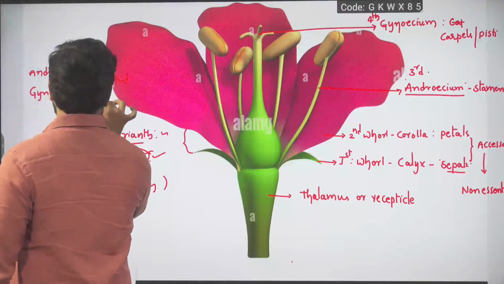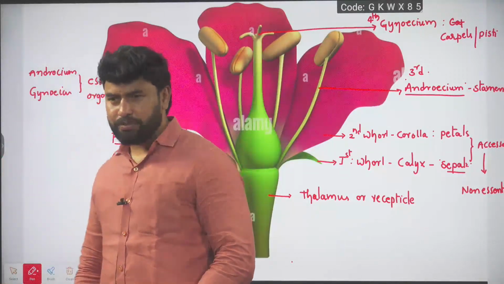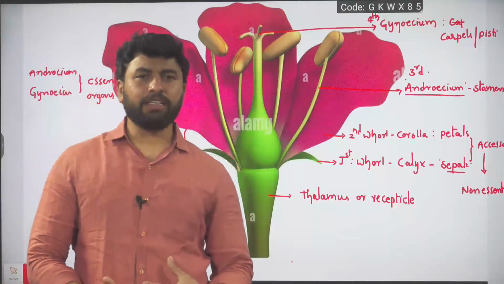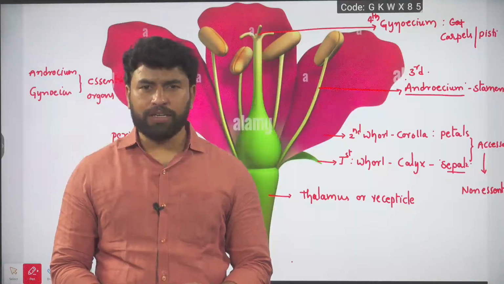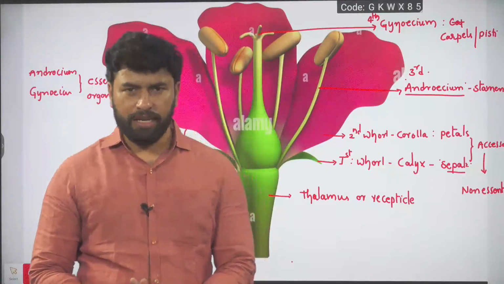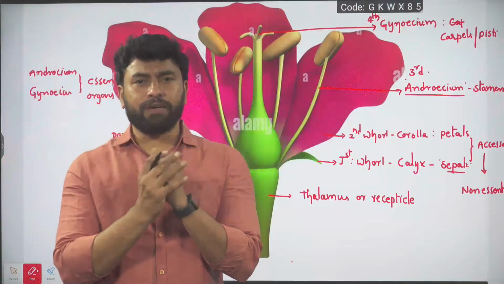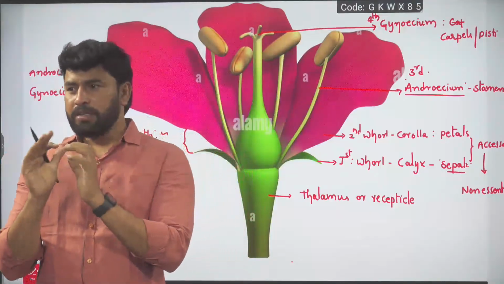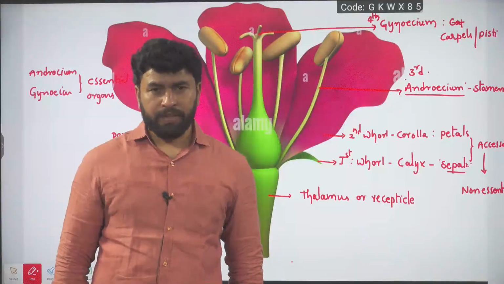They are not accessory, they are not decorative, not something where if present there is work and if absent there is no work. They are not that kind of organs. If they are there, then only we call it a perfect flower. Getting the statement? That's why they have a role in the name of essentiality.